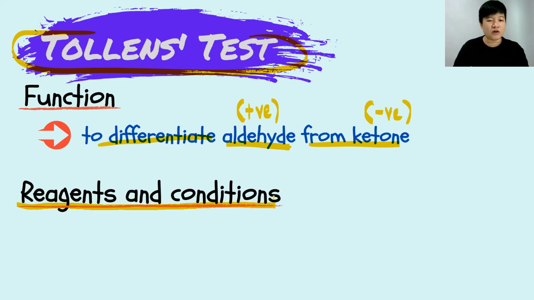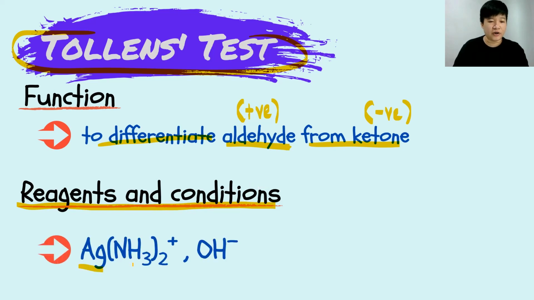The reagent and condition that we are going to use in your Tollens Test is your Ag(NH3)2+. The name is actually your ammoniacal silver nitrate. So that is the ammoniacal silver nitrate that we will use in the Tollens Test.